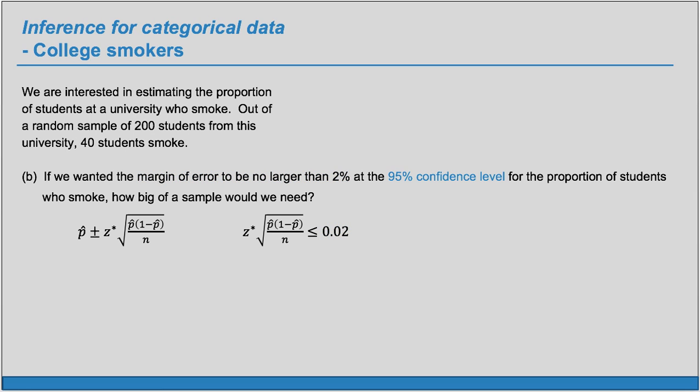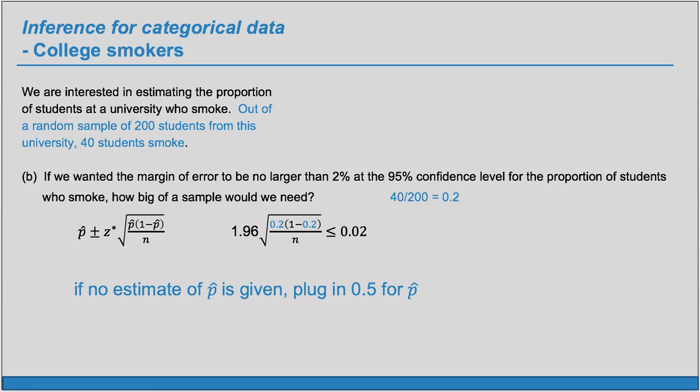Okay, and now 95% confidence level, so we know z star is going to be 1.96. And for p-hat, we have a pretty good estimate for our proportion because it's given to us as 40 out of 200. So we have a p-hat to plug in, and we'll plug in that 40 out of 200, which is 0.2.